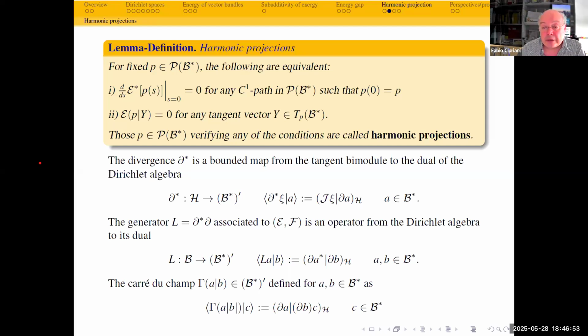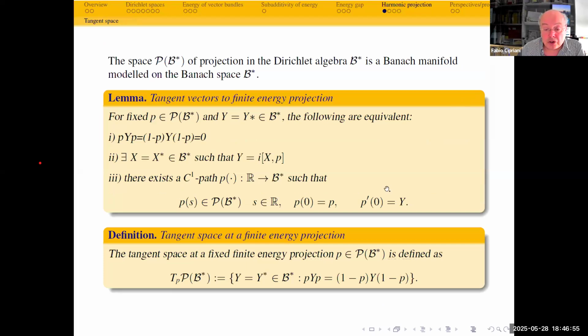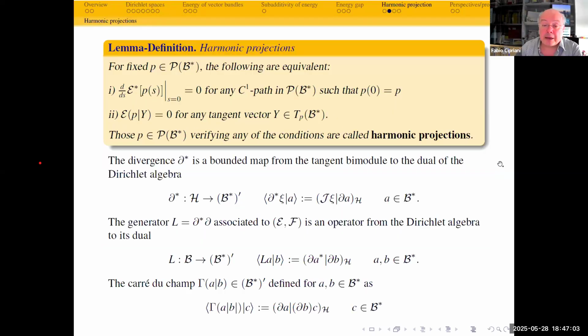The difference with our situation is that B star is a Banach manifold, not a finite dimensional Riemannian manifold. And here I would note, yes. Fabio, just a reminder that you have two minutes left. Two minutes, yes. Okay.